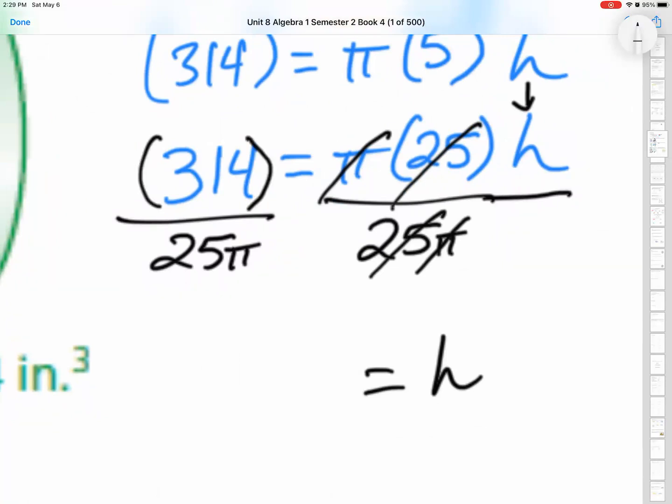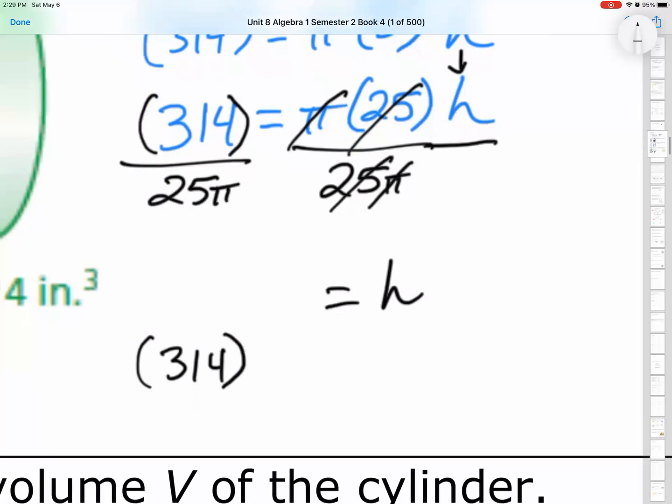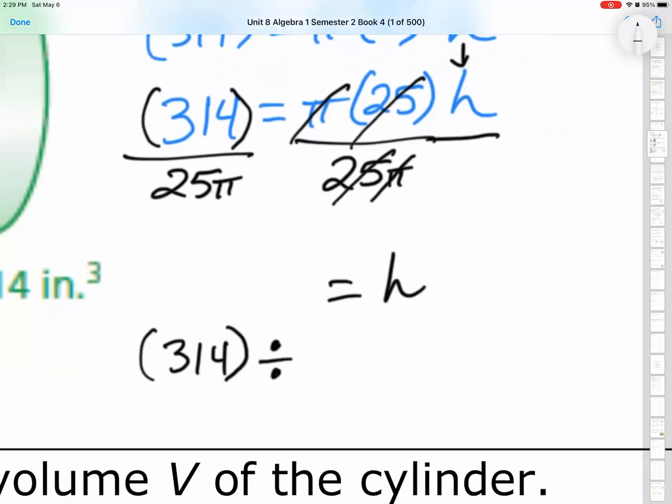So we're actually going to start off with a parentheses. So you're going to plug in parentheses, open parentheses. You type 314. You close that parenthesis. And then you click your division symbol. And then what we need to do is create this denominator as its own set.